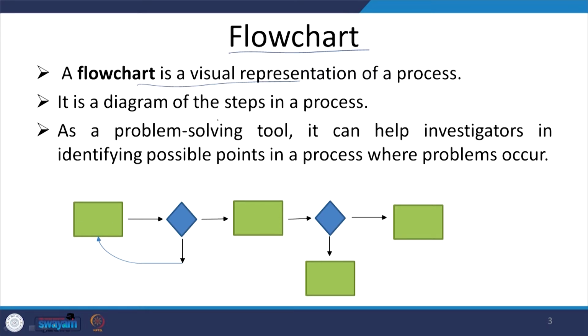It is a diagram of the steps in a process. From here you are starting, some activity is taking place, then another activity, then another activity, and some bypass activities are also happening. From here some feedback is also going on. So, this is a visual display.